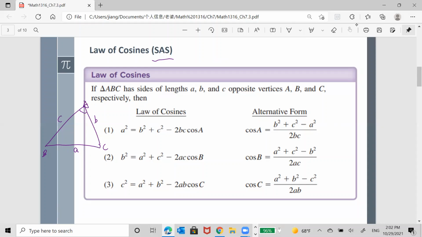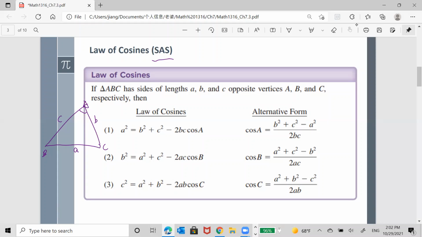In this case, a squared equals b squared plus c squared minus 2bc times cosine A. If we're looking for the length of side b, and the given information is c, a, and angle B, SAS, then b squared equals a squared plus c squared minus 2ac times cosine B. C is the same.